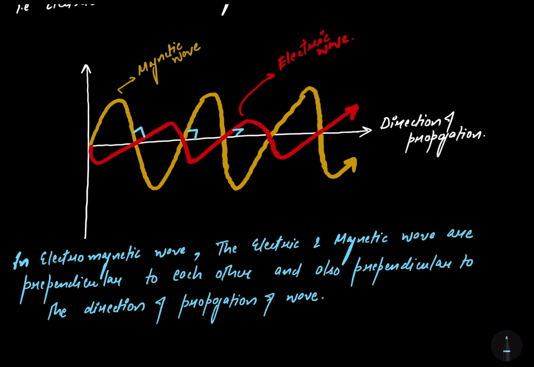Please try to imagine this diagram in 3 dimensions. You can see that the magnetic wave will be in the y plane and the electric wave is in the x plane. Now you can easily observe that magnetic wave and electric wave are perpendicular to each other and also perpendicular to the direction of propagation.